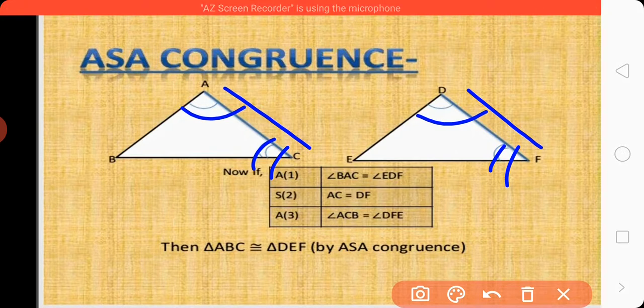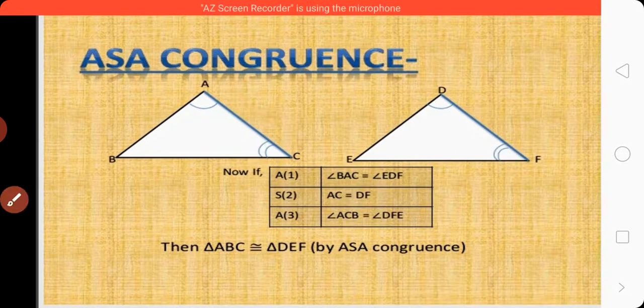Then these two triangles are congruent by ASA congruence.